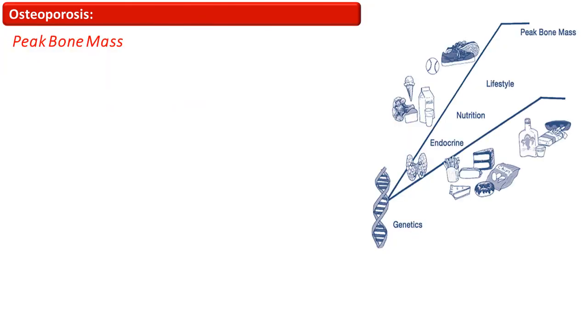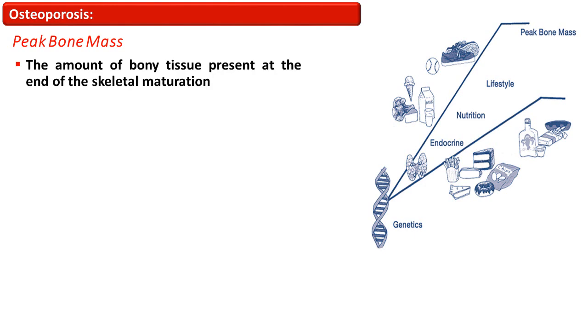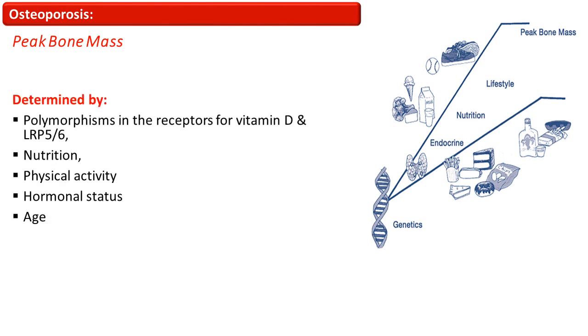So we have seen this slide in a previous lecture also, and peak bone mass is basically the amount of bony tissue that is present at the end of skeletal maturation. It is determined by a lot of factors such as diet, age, exercise, physical activity, muscle strength, and nutritional or hormonal status.